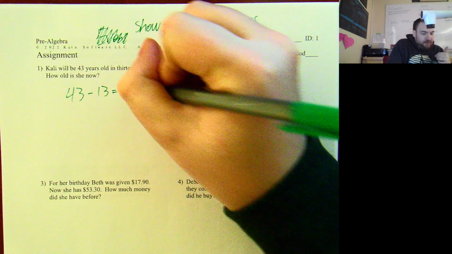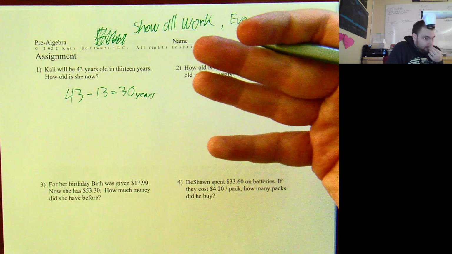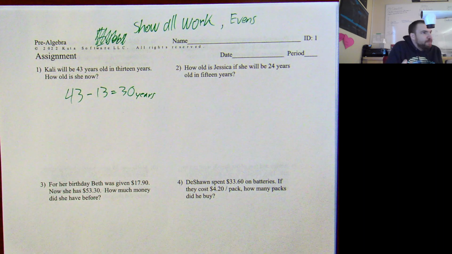That's going to give you 30 years. And then you were going to write that. That's not overly difficult. That's fairly straightforward. And again, these questions aren't supposed to be hard. But what I'm going to force you to do here is, even with this simple math, like you could look at the answer, oh yeah, obviously it's going to be 30. Why? Mathematically, give me valid reasons why that's true.